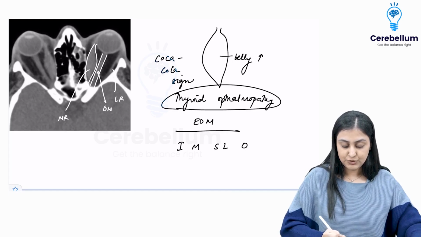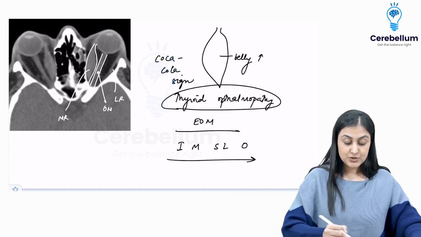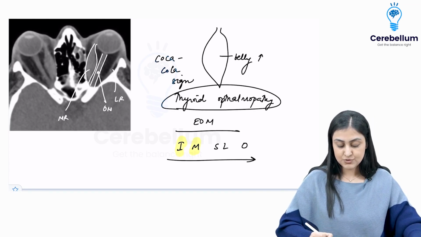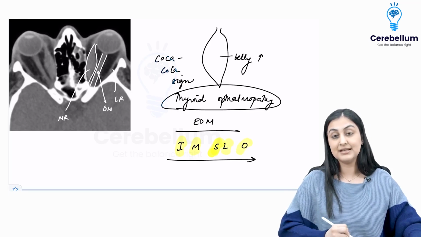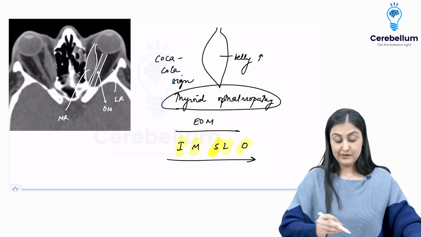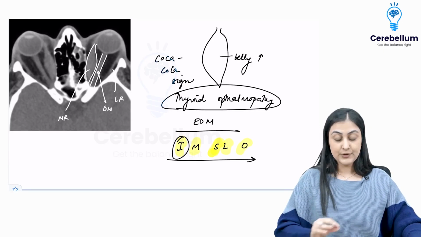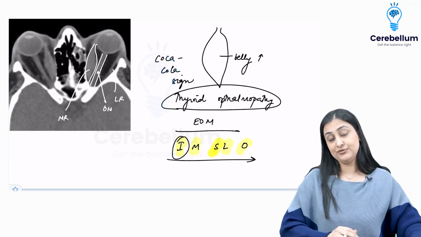You can remember the mnemonic I am slow. So it is going to be inferior rectus, medial rectus, superior rectus, lateral rectus, and then the obliques are the last to be affected. So they'll ask you the first muscle, that is inferior rectus. Okay, so this is thyroid ophthalmopathy.